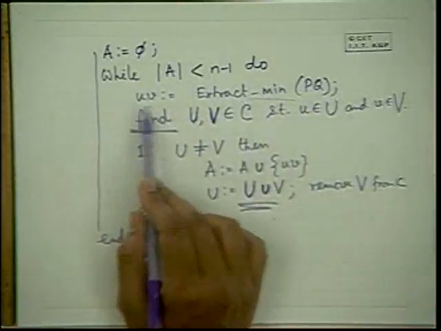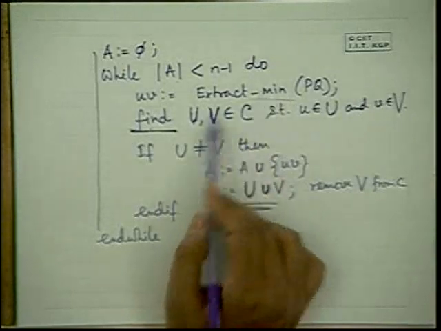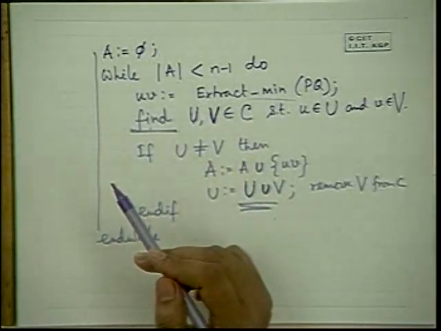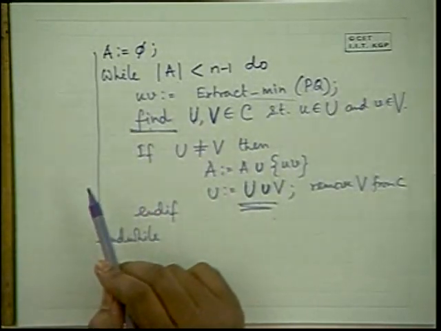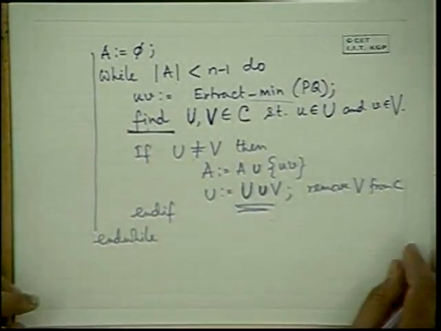You cannot avoid that. If there are m edges, you have to use m log n complexity at least to sort this, because extract min will take log n, and how many extract mins? This time you will be doing m extract mins. This time it is not the vertices which you are extracting, it's the edges which you are extracting. That you cannot avoid. So we will see in the next class what the actual complexity is.